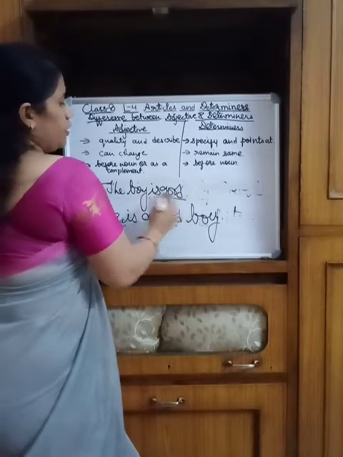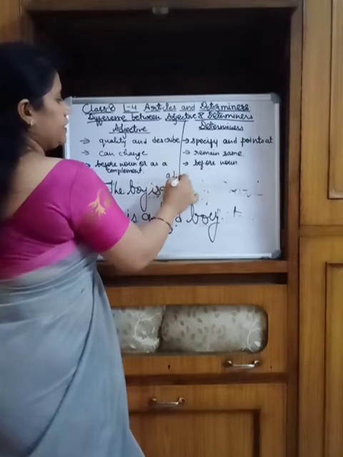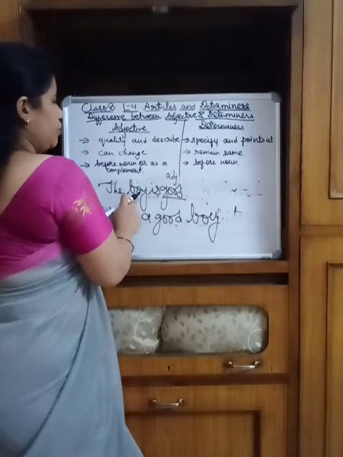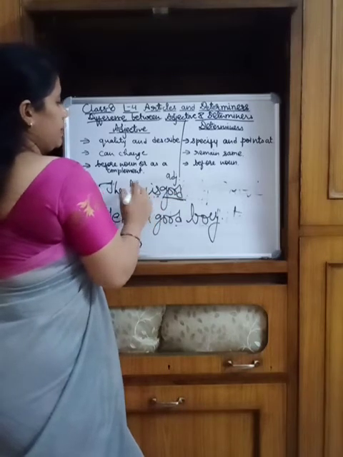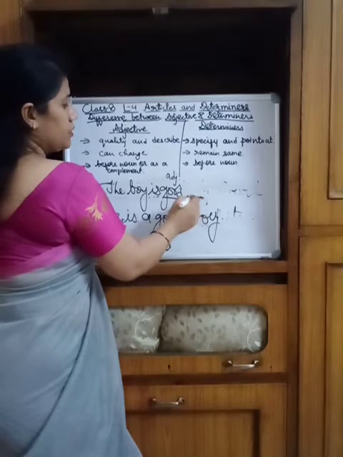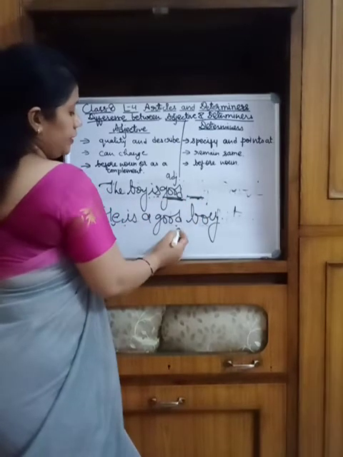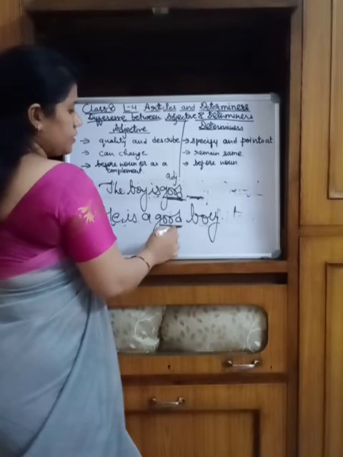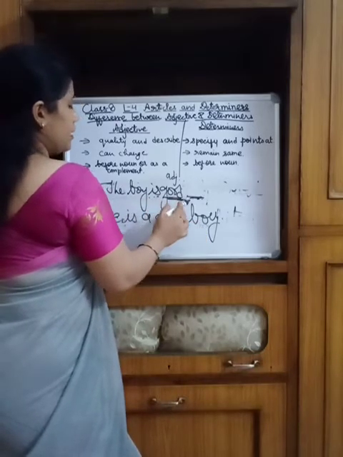So here the word good is the adjective because it is telling the quality of the boy. In the first, no noun follows it and it comes individually, and in the other it changes its place. He is a good boy. The boy is good.